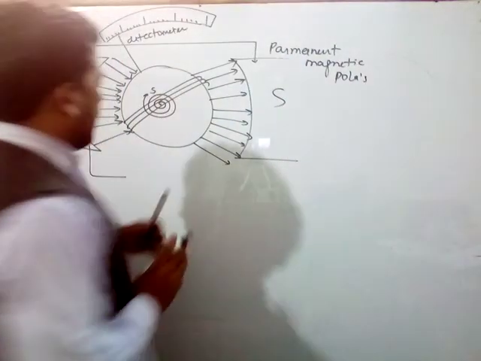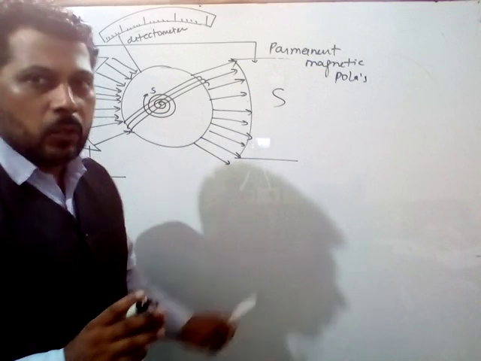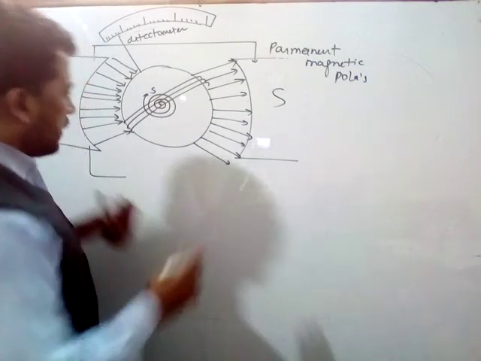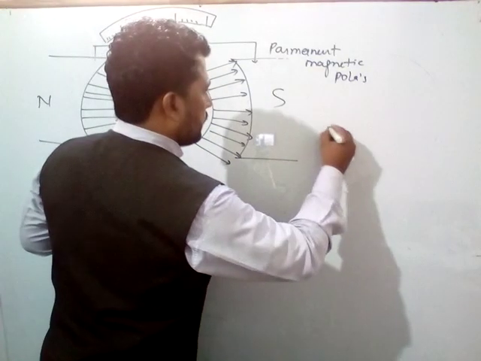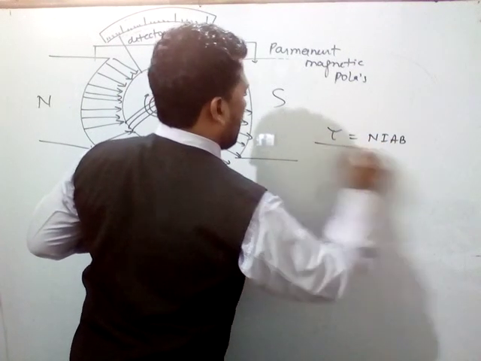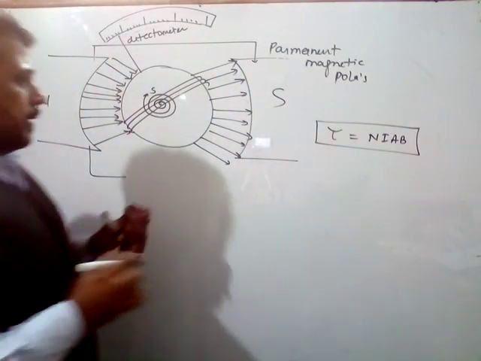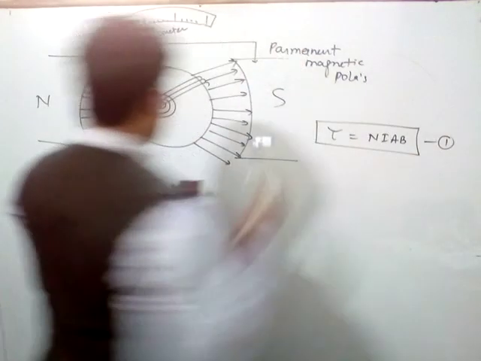Whenever some current I flows in the circular loop, the torque produced equals NIAB. This is the first equation.